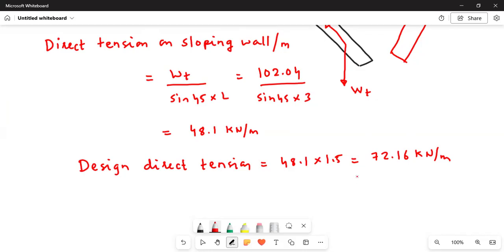And we need to provide the reinforcement for the direct tension. And we know the formula.